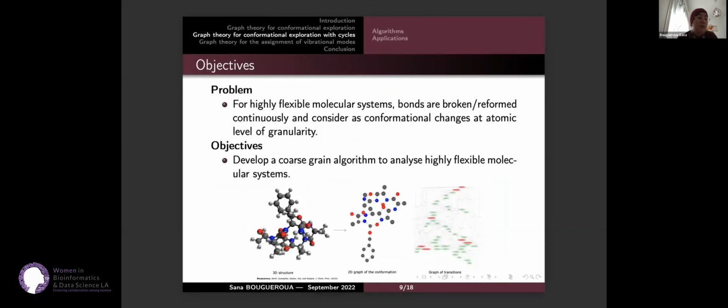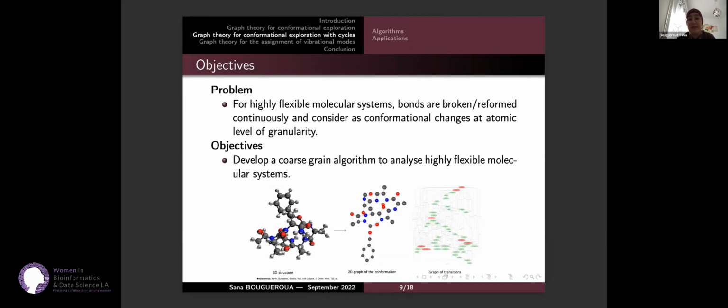But the problem that we get with this algorithm is that we are using an atomic level of granularity, so the conformer is defined by a graph where the vertices are the atoms of the molecular system. We have seen that when we have a very flexible molecular system, or especially when we do simulation at higher temperature, too many hydrogen bonds appear and disappear along the trajectory.